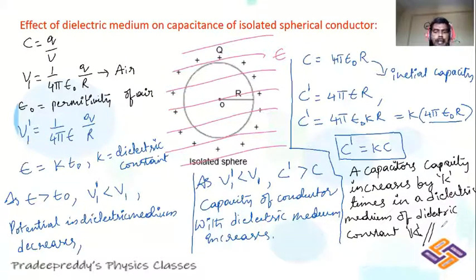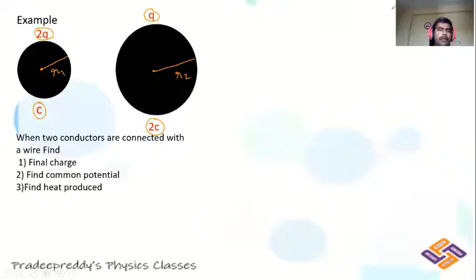If the medium has dielectric constant K1, then the new capacity will be K1 into C. So the capacity of a capacitor depends on size, shape, and also the dielectric medium in which that particular capacitor is present. These are the three important points you need to keep in mind in order to handle problems. So let us discuss one problem.